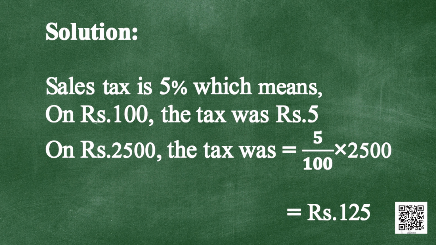That means on rupees 100, the tax was rupees 5. Therefore, on rupees 2500, the tax was 5 divided by 100 multiplied with 2500. On simplification, we get this as rupees 125.